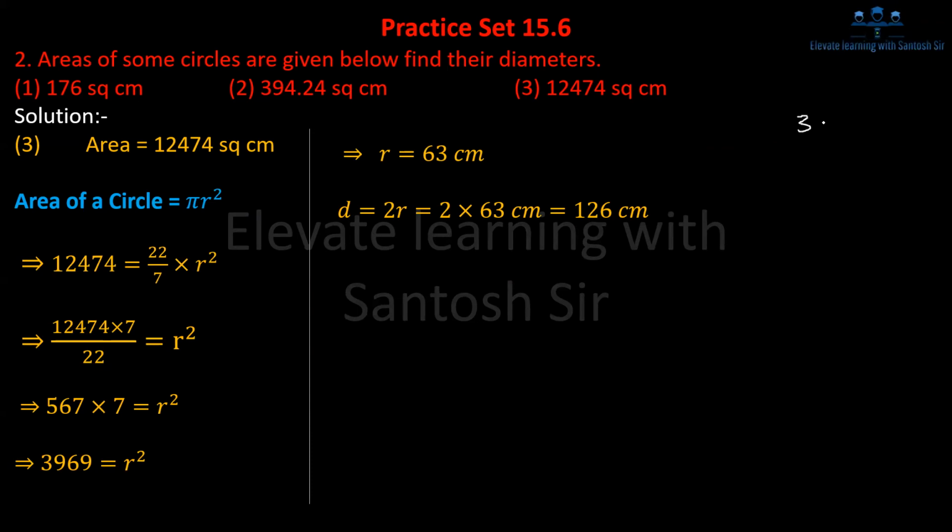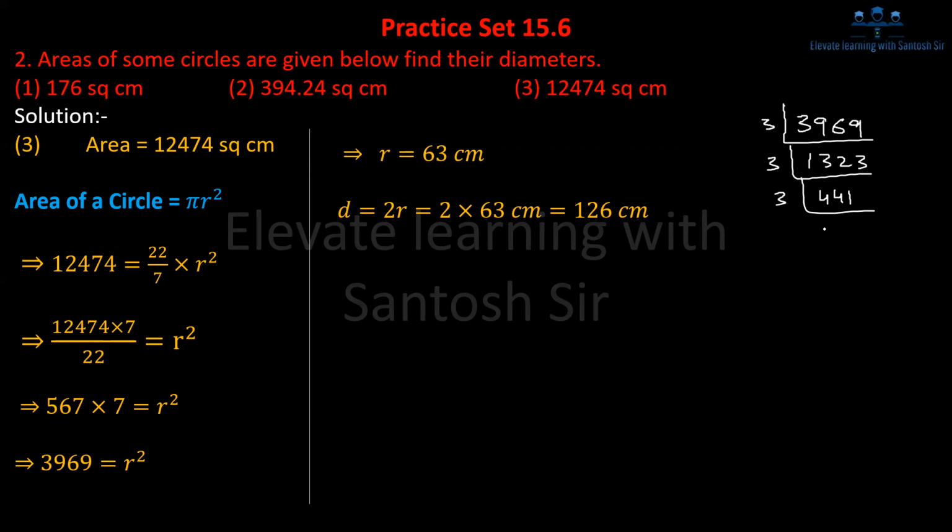If you find difficulty in finding the square root of 3969, you can go for the prime factorization method. We can go with 3, 3 1s are 3, 3 3s are 9, 3 2s are 6, 3 3s are 9. Once again, we can go with 3, 3 4s are 12, 3 4s are 12, 3 1s are 3, 441.